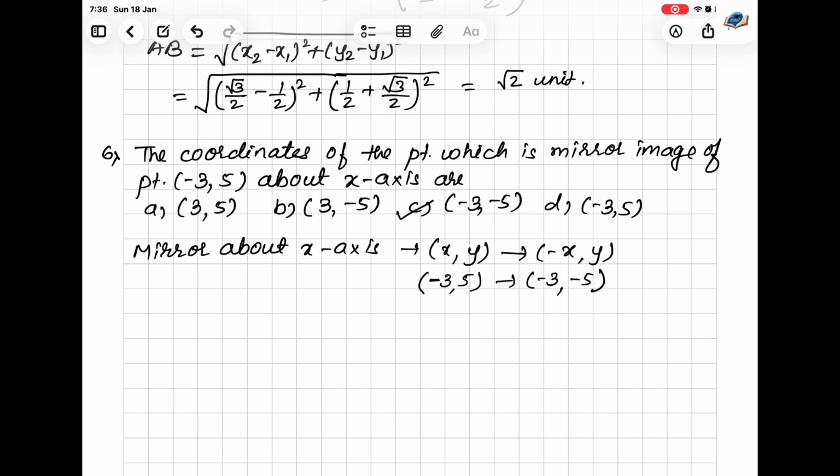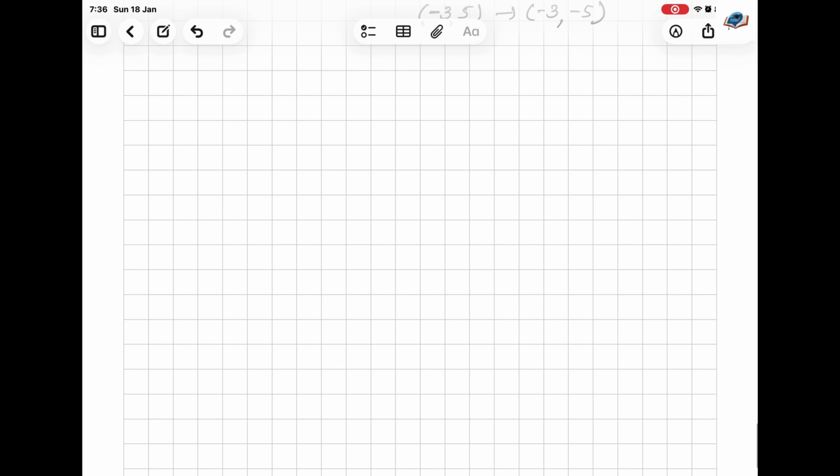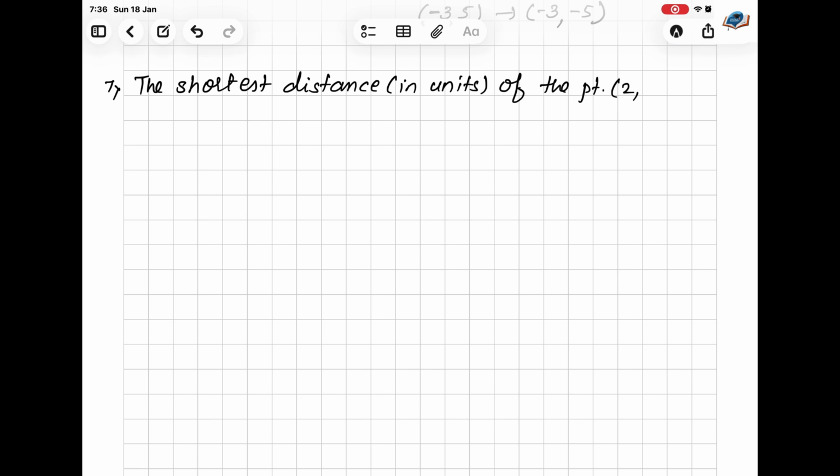Now coming to the seventh question, that is the shortest distance in units of the point (2, 3) from y-axis. Options are A 2, B 3, C 5, D 1.